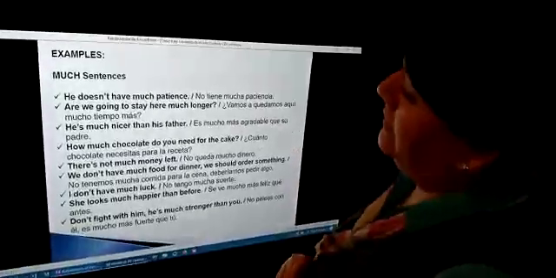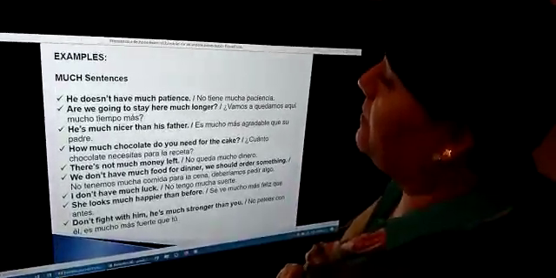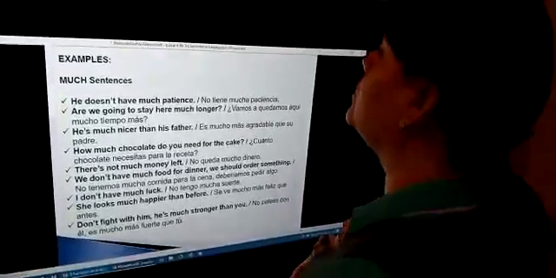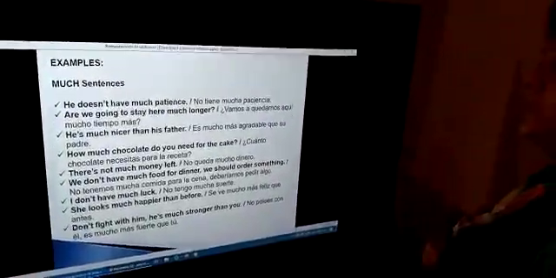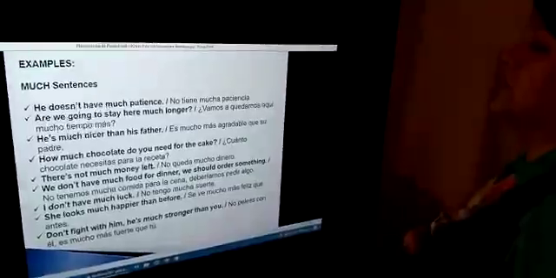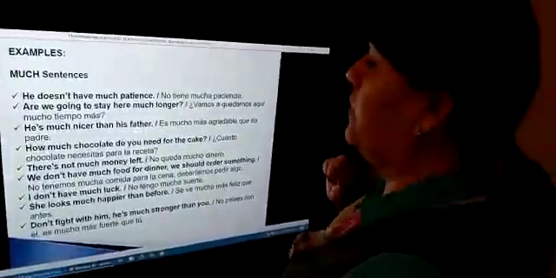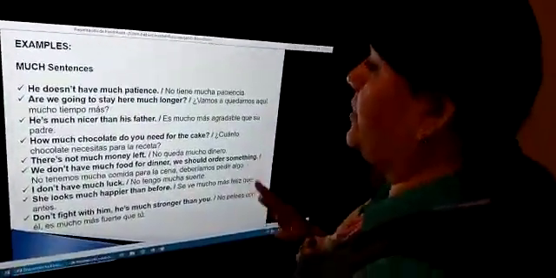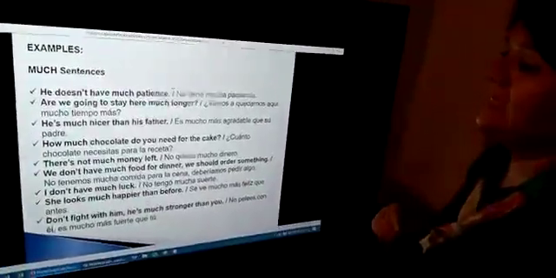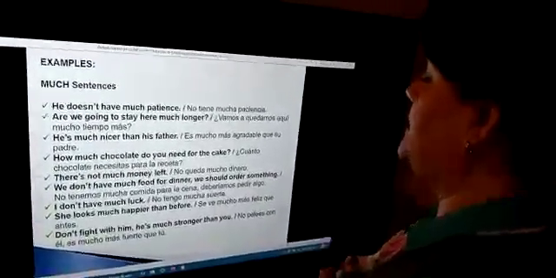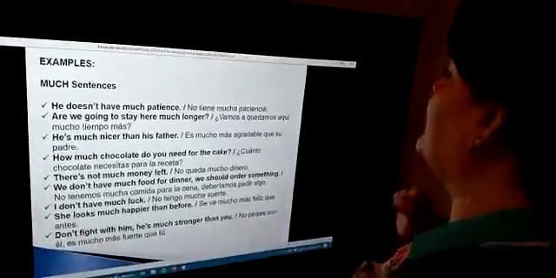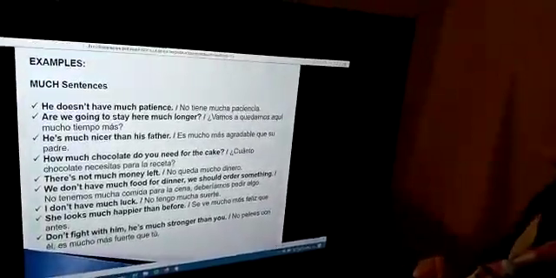And the second example is, are we going to stay here much longer? En Spanish say, vamos a quedarnos aquí mucho tiempo más. The third example is, he is much nicer than his father. En Spanish say, es mucho más agradable que su padre.